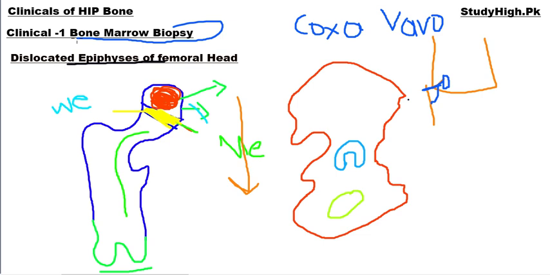And we also discussed the dislocated epiphysis of the femoral head and how ossification occurs, what the primary ossification centers are, and coxa vara and valga, the different types of diseases related to the hip bone. In our next lecture, we will discuss femoral fractures and their diagnosis, treatment, etc.